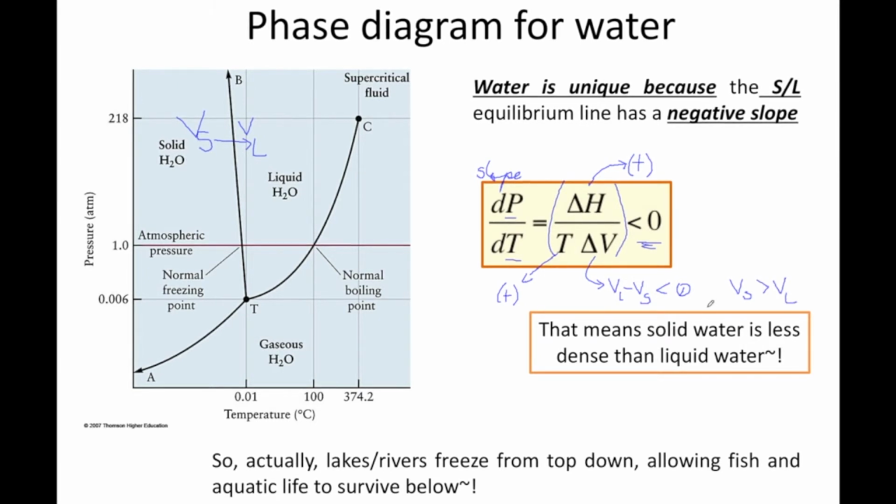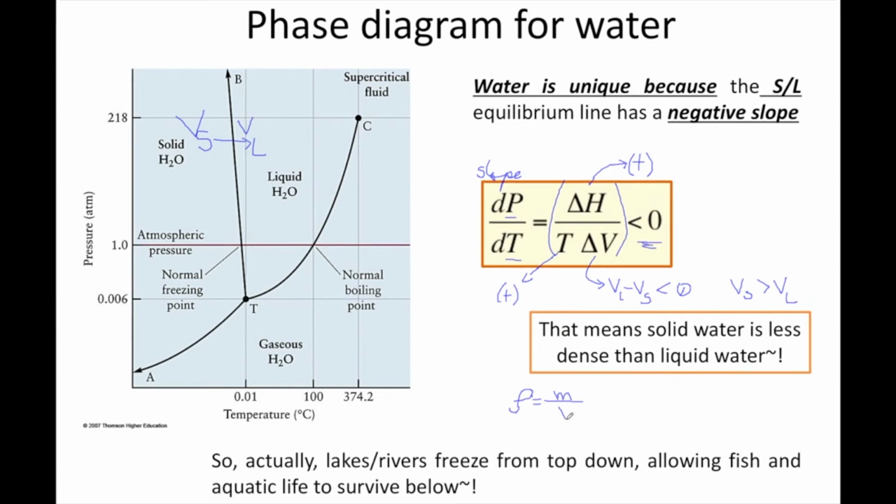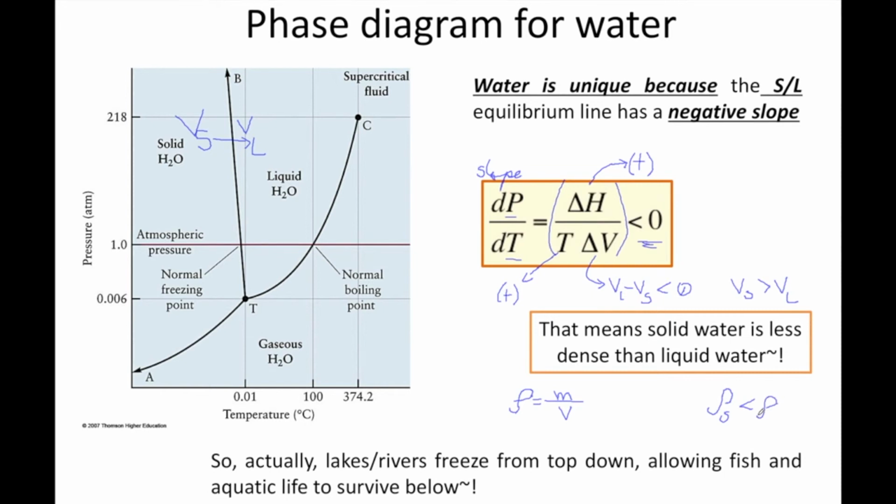That's actually very interesting, because now if you look at the definition of density, density equals mass over volume. Volume is inversely proportional to the density. So if this is bigger, then that means its density is going to be smaller.